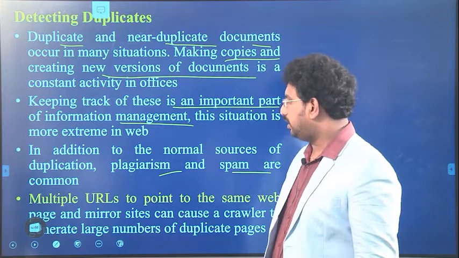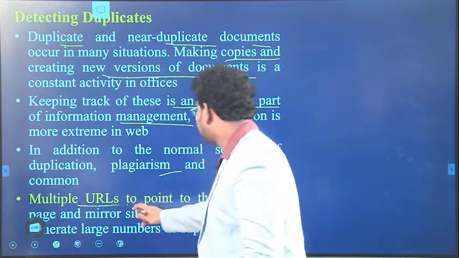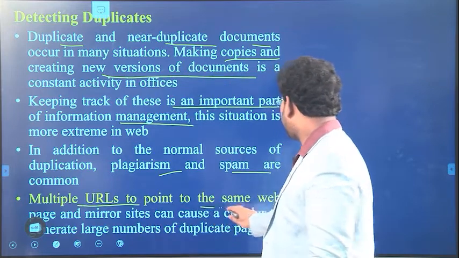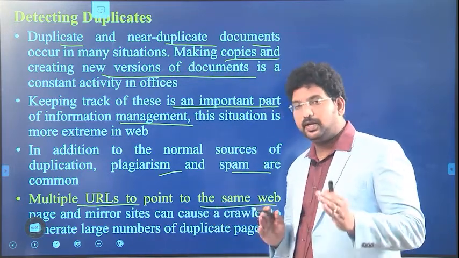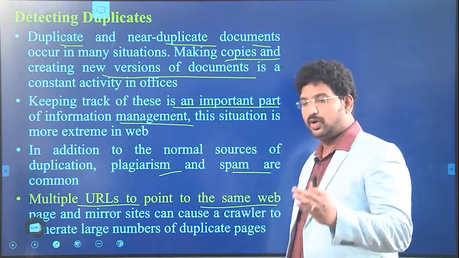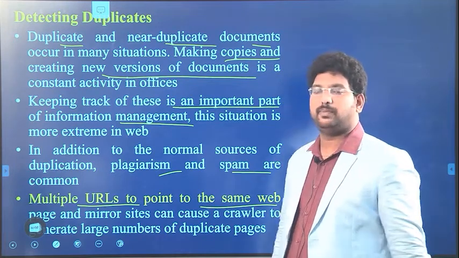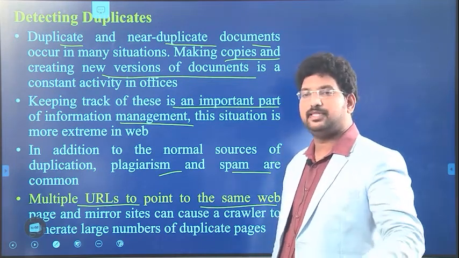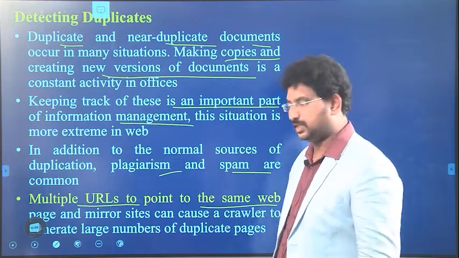And here, multiple URLs point to the same web page. This is one more point you should understand. It is also one of the problems, because whenever you are trying to get information, the crawler is in a dynamic situation, and it has to identify which document to use for retrieval purposes.